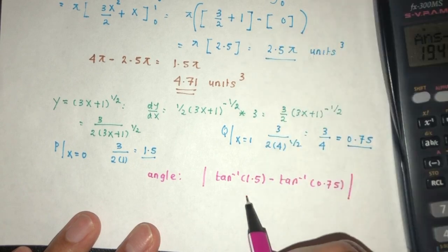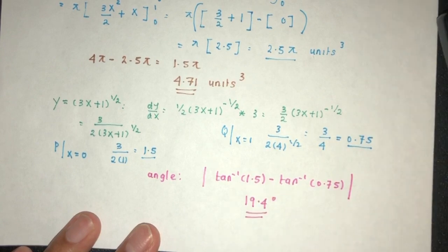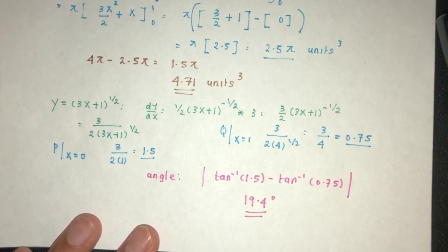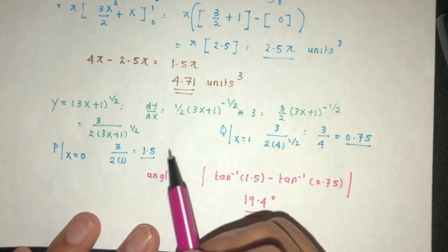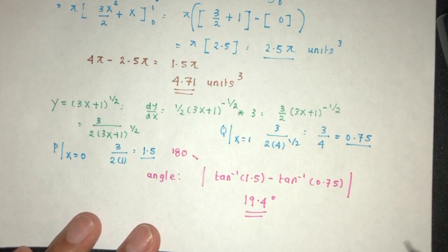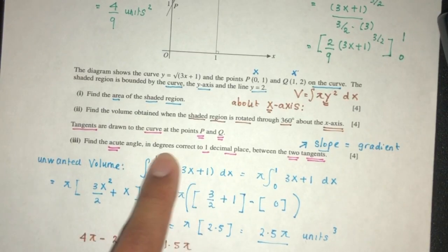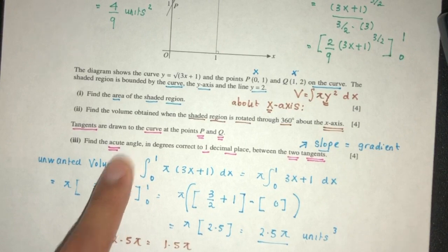That is 19.4 degrees as your answer. But sometimes it may give you a value which is more than 90. If that happens, you can just take 180 minus the angle to find the acute angle in between. In this case, we have something less than 90. It is acute already. So that will be your answer for the acute angle right here for the question.